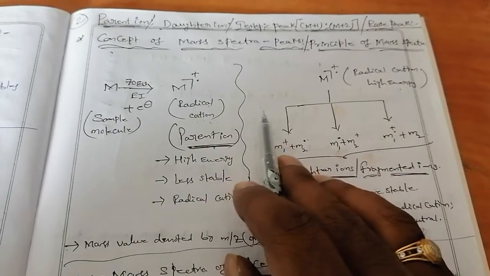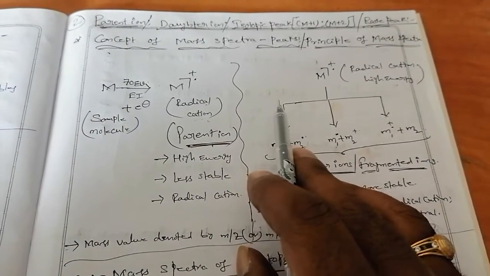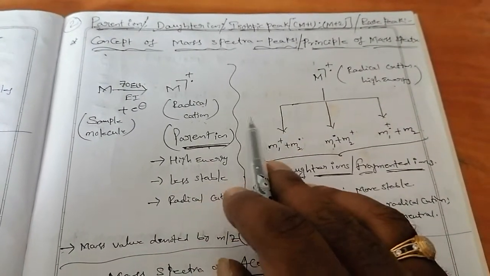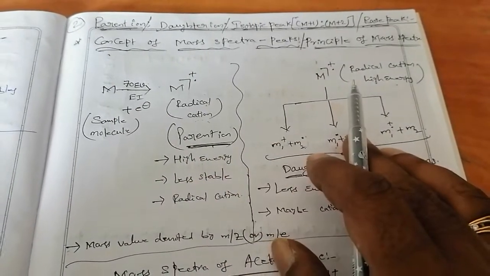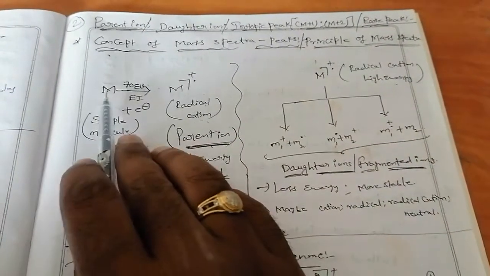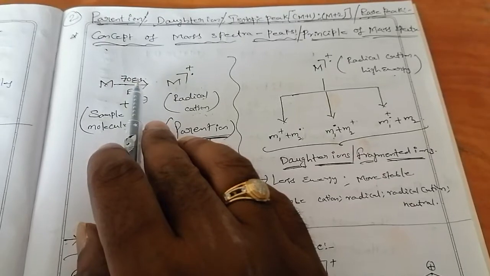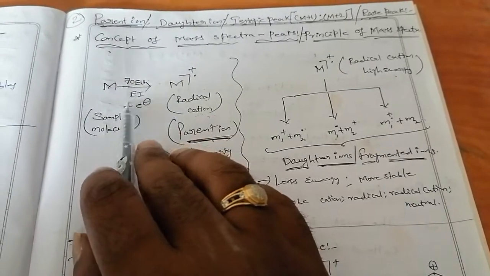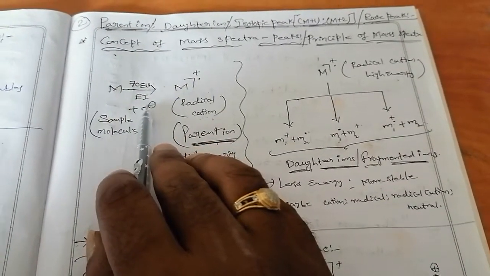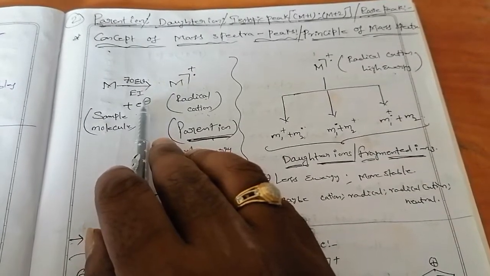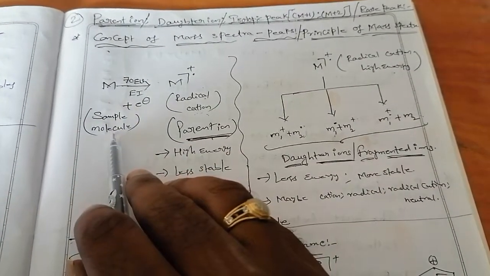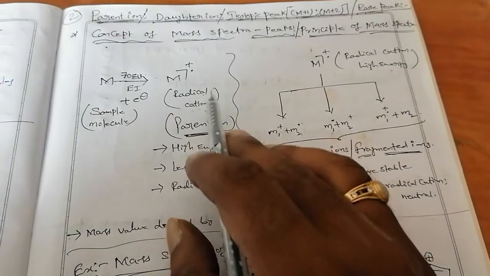This is the principle of mass spectra, meaning every sample molecule follows this type of process. First the molecule is irradiated with a 70 electron volt electron impact beam. Then due to absorption of a high amount of energy, the sample molecule loses one electron and forms a radical cation.